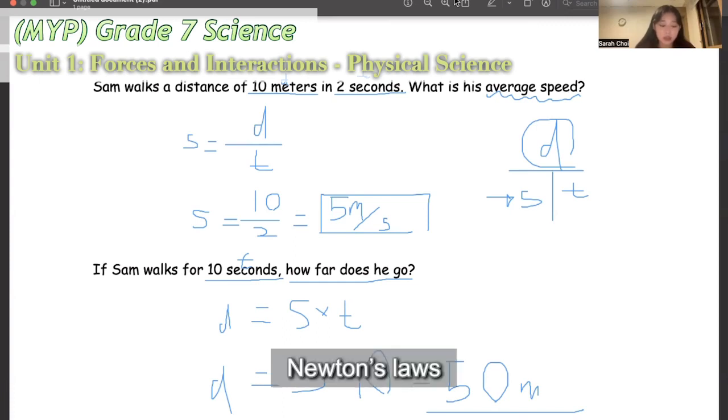Newton's laws are three fundamental laws formulated by Isaac Newton to describe the motion of objects and the forces acting upon them. Friction is the force that opposes motion or attempted motion between two surfaces in contact. Static friction is friction that prevents two stationary surfaces from sliding past each other.